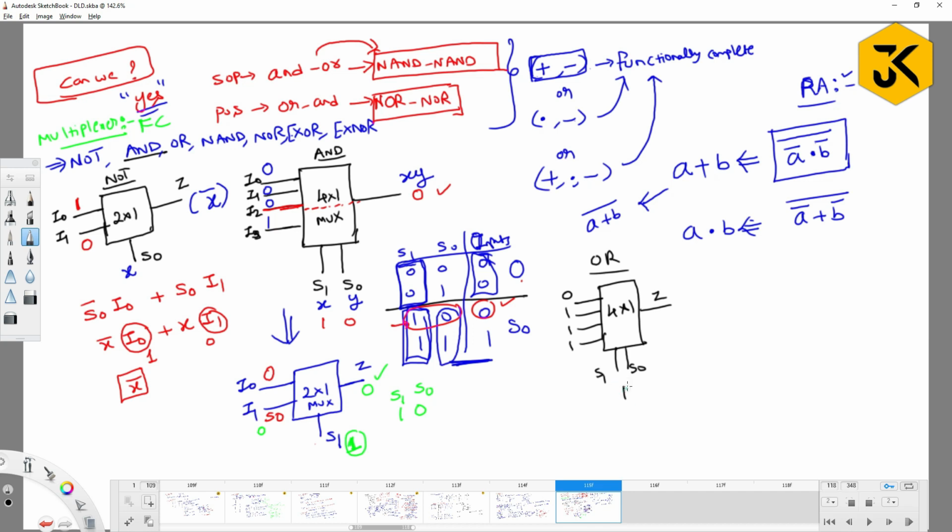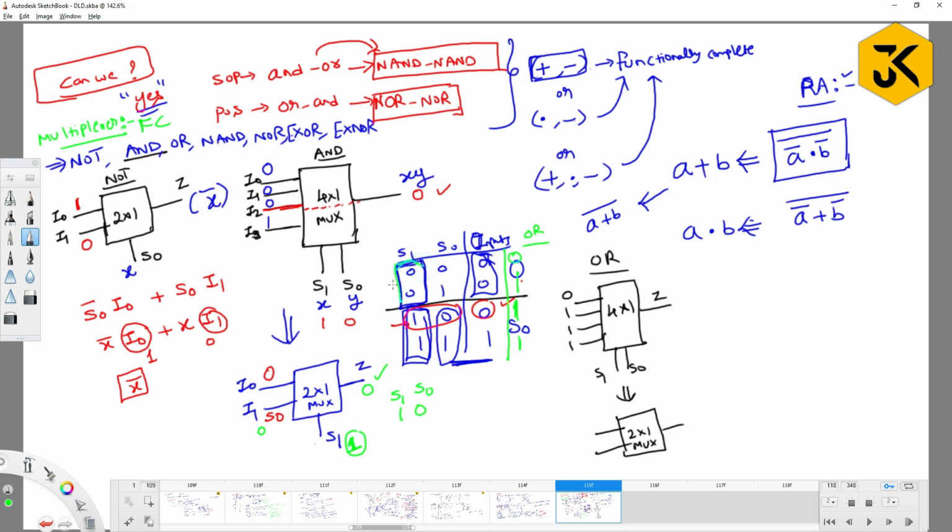Can we do it with the help of a 2/1 MUX? What can you do? In a 2/1 MUX, the output expected for the OR gate will be 0, 1, 1, 1, 0, 1, 1, 1.